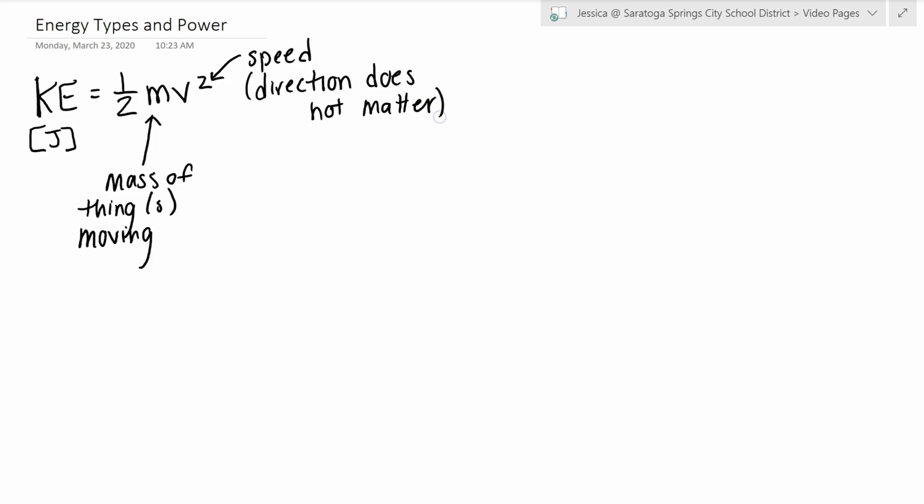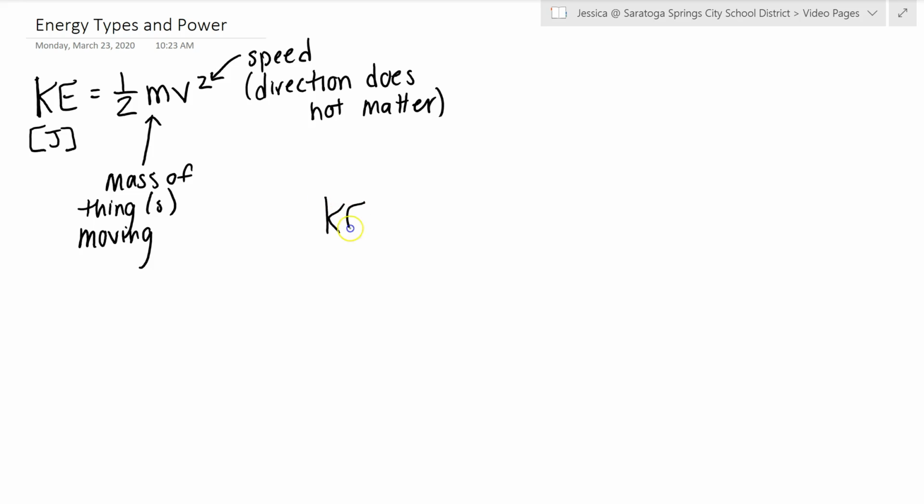Okay? Because energy, any type of energy, including work, is a scalar quantity, which means direction does not matter. Okay? Not too many tricky things about this equation. Just make sure you're squaring the speed and not forgetting the 1/2.